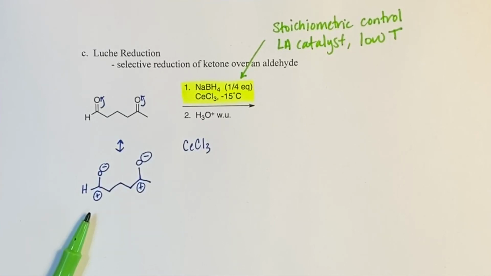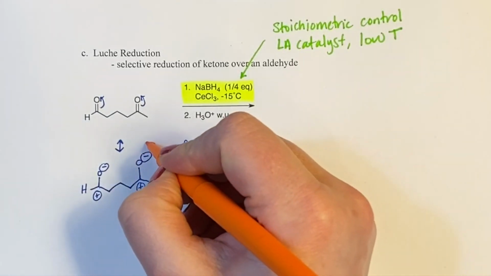So that means that this separation of charge is going to be less prominent for the aldehyde, and we're going to have a little bit more electron density at the oxygen of the ketone and a little bit more positive character at the carbon of the ketone due to the stabilization that we have from those two alkyl groups for the ketone. That means that if one of these oxygens has greater electron density to give to the cerium, it's going to be the oxygen of the ketone.